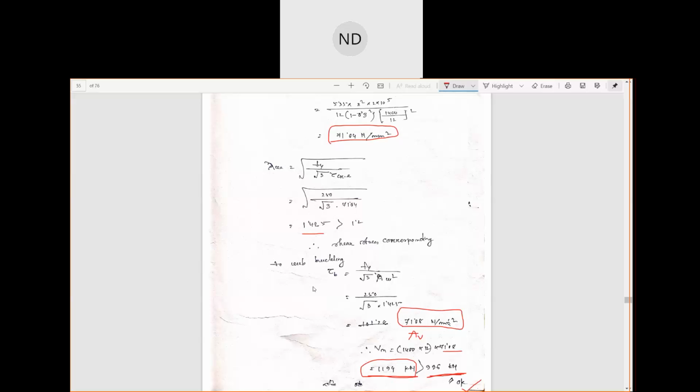I was annotating. Let me take your attendance.